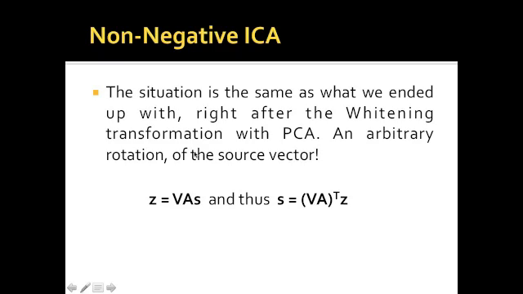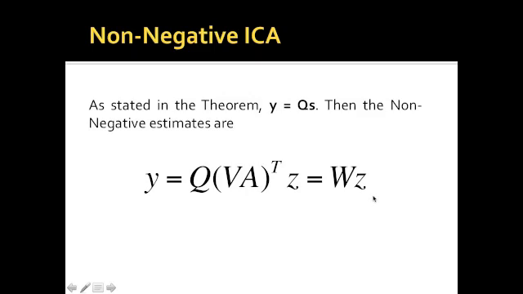If we look at the whitening matrix V, the whitened vector Z is basically V times A times S. Since VA is itself orthogonal, S can be stated as VA transpose Z. So as stated in the theorem, Y is a random rotation of S. Then the non-negative estimates are a rotation times VA transpose, which is already orthogonal, so the separation matrix will be orthogonal.